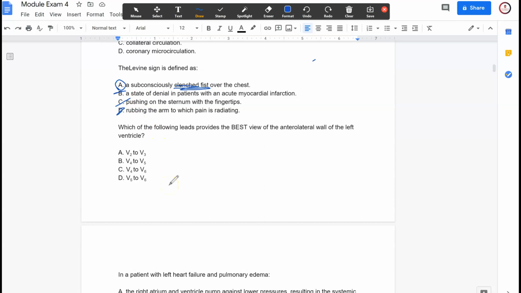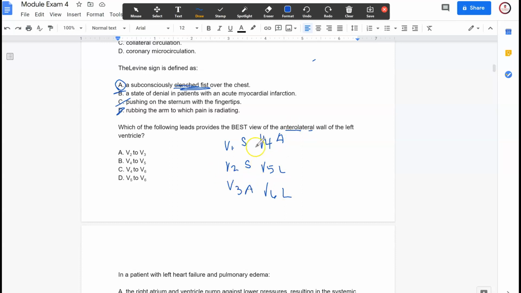Best view of the anterolateral wall of the left ventricle. We set up V1, V2, V3, V4, V5, V6, like we would see in the 12 lead. So it's S, A, L, O. We want anterior and lateral.